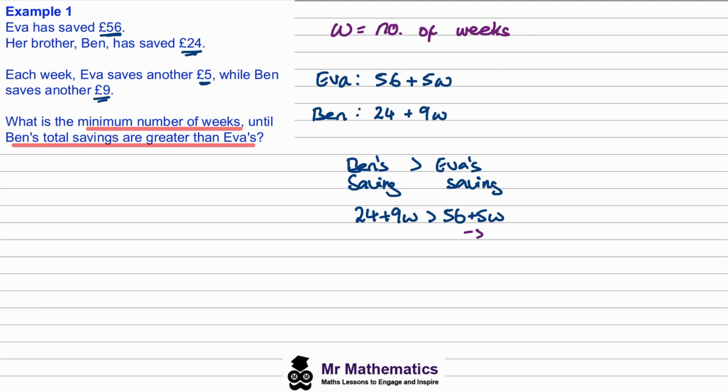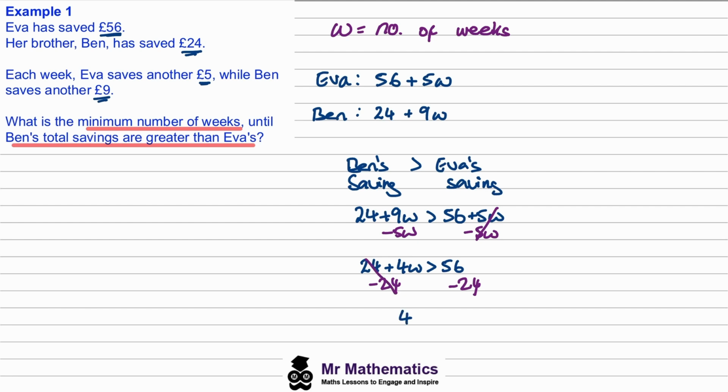If we take away the 5W from both sides, then these two will cancel. So we'll have 24 plus 9W take away 5W will give us 4W, and this will be greater than the 56. And now we can take away the 24 from both sides, and these two will cancel.